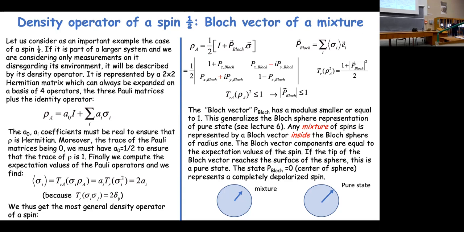Now, the most mixed state is, of course, if you take p equals 0. If you take p equals 0, the density matrix is just 1/2 times the identity. It means that you have absolutely no information. The density matrix tells you nothing about the state. If you are on the Bloch sphere, you have the maximum possible information. And in between, you have a mixed information due to the fact that you don't know in which pure quantum state you are.